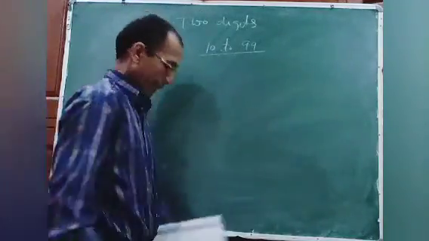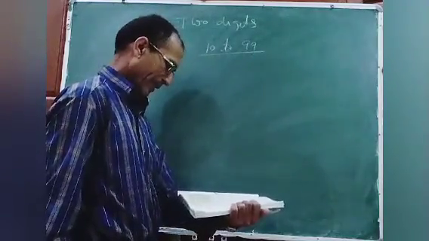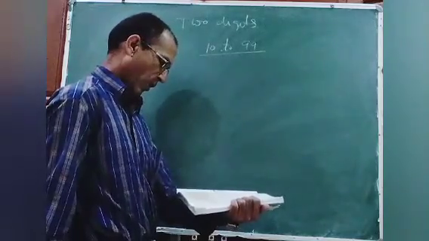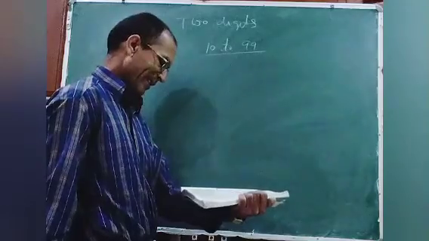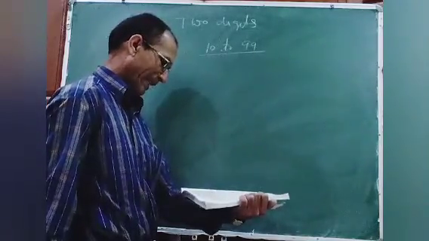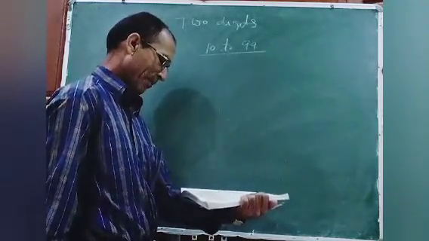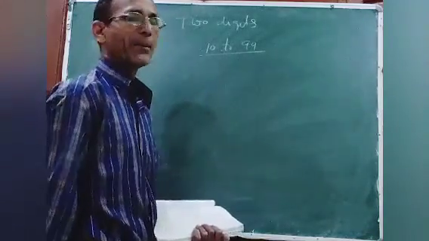So, what is the question? The sum of the digits of a two-digit number is 8. If its digits are reversed, the new number so formed is increased by 18. The number is. So, we have to find the number.